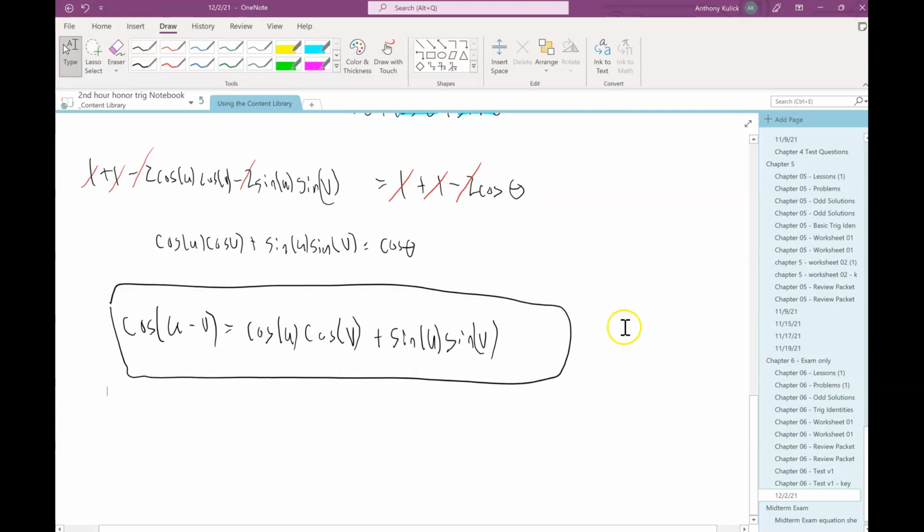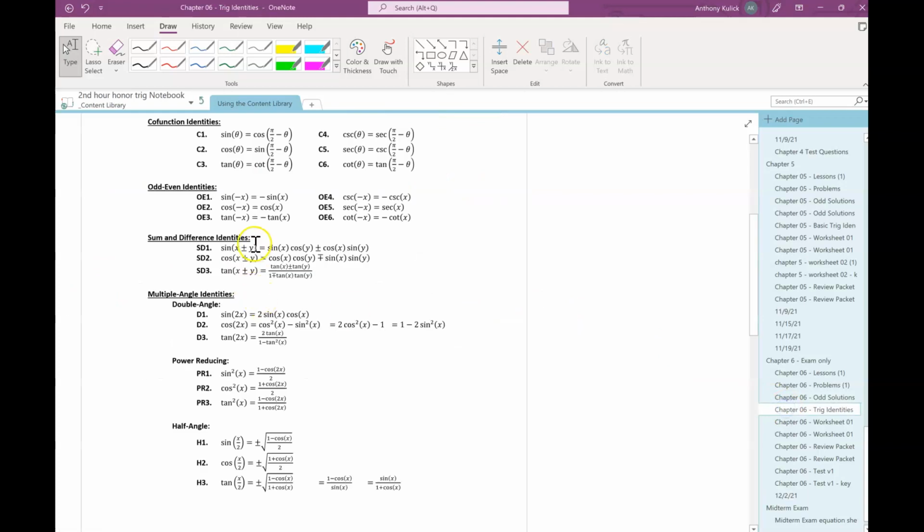Okay, so if I go back and look at my trig identity sheet, the way we've written these sum and difference formulas, we've written them as both the sum and the difference in one line. So what we just proved was cosine of x minus y was equal to cosine x times cosine y plus sine x sine y.